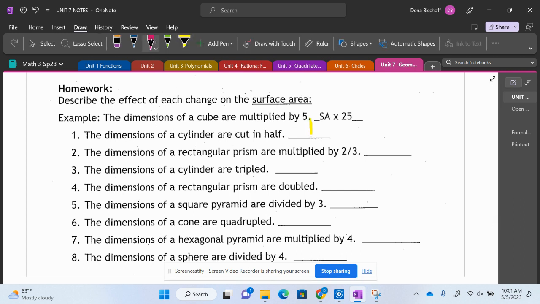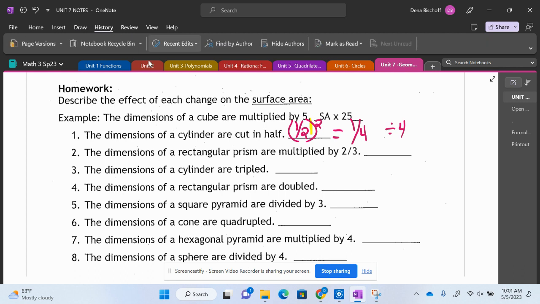What do I do to surface area? I square it. Yeah. So 1/2 squared means that you multiply it by 1/4. That's what you're doing. Multiplying by 1/4. Or you could say divide by 4. That's all it's asking you. So look and see if you're finding volume or surface area and just square or cube them. Okay.